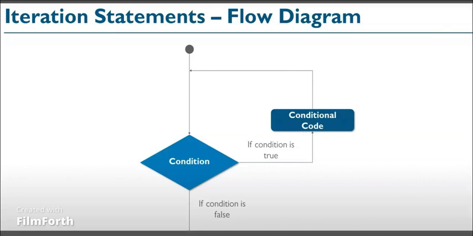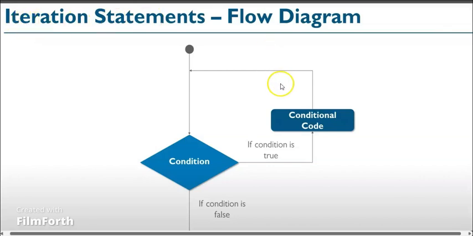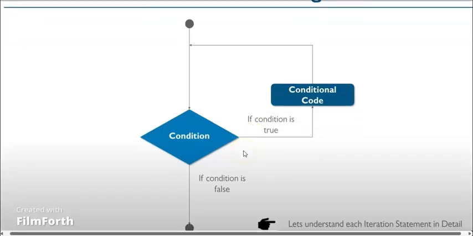Now, when you go to the illustration of the flow of a program, you can observe here the source program. It goes directly to the condition code. It comes to the condition and checks whether the condition is true, and it checks the condition of the code is true or not.